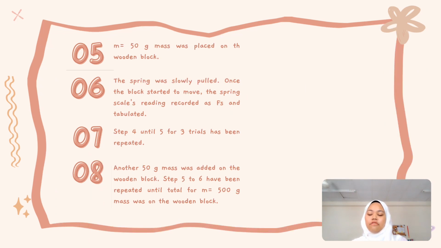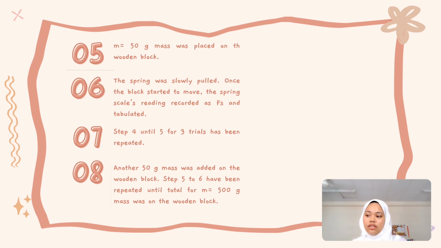Number 5, a 50 gram mass was placed on the wooden block. And the 6th step, the spring was slowly pulled. Once the block started to move, the spring scale reading was recorded as Fs and tabulated. Number 7, steps 4 to 5 for 3 trials have been repeated.